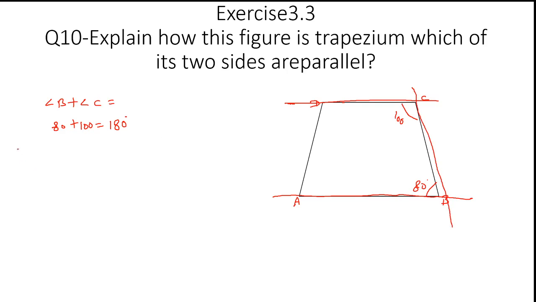So we can say that DC, since angle B plus angle C is equal to 180 degrees, is parallel to AB, and CB is the transversal line.